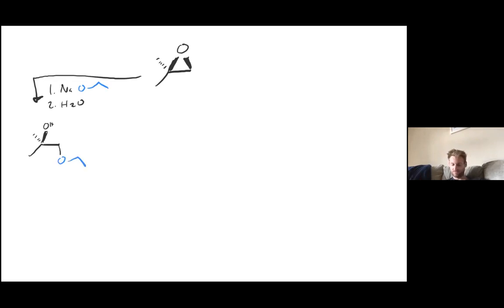Let's just generate this ether alcohol here. If we add in something that is really just a strong nucleophile like NaCN, they're all going to do the exact same thing. So it's going to attack at this more substituted position, we're going to generate what looks almost identical.